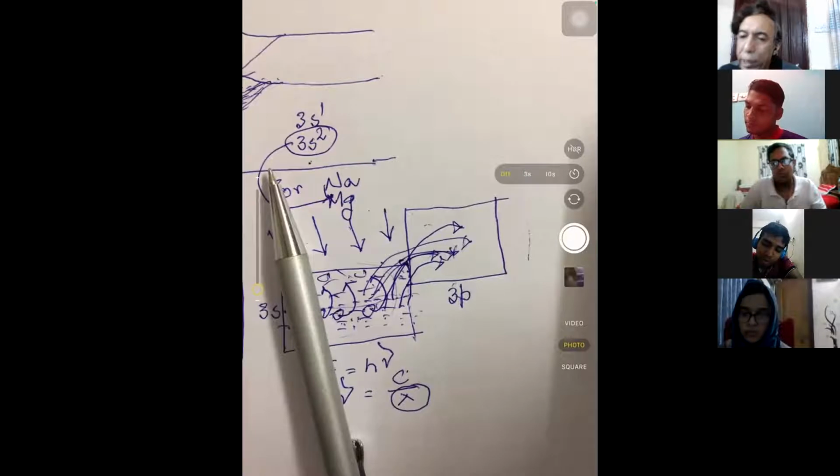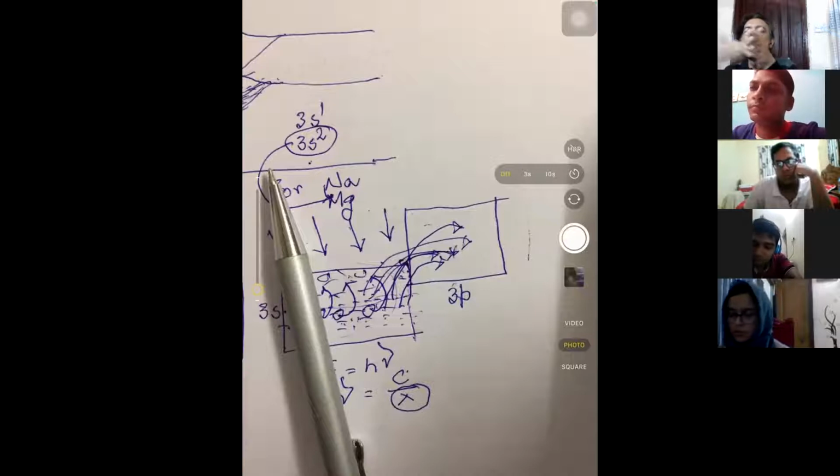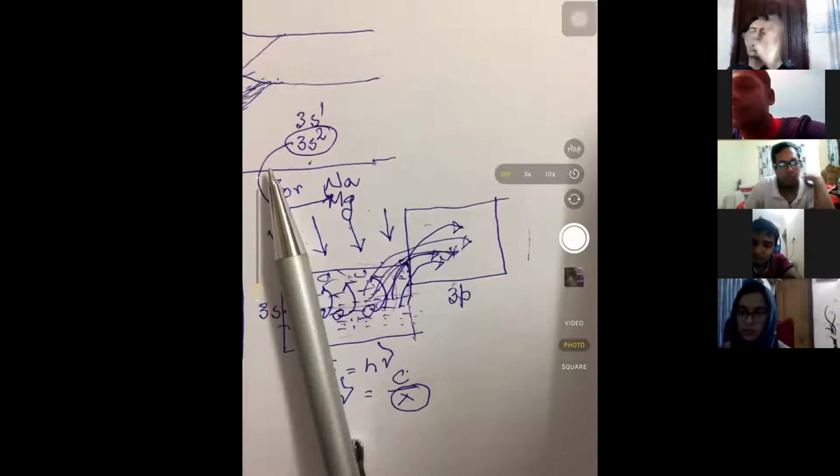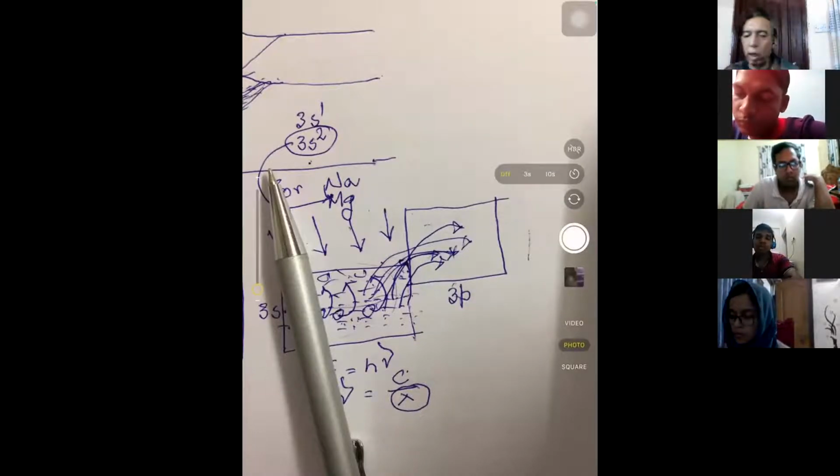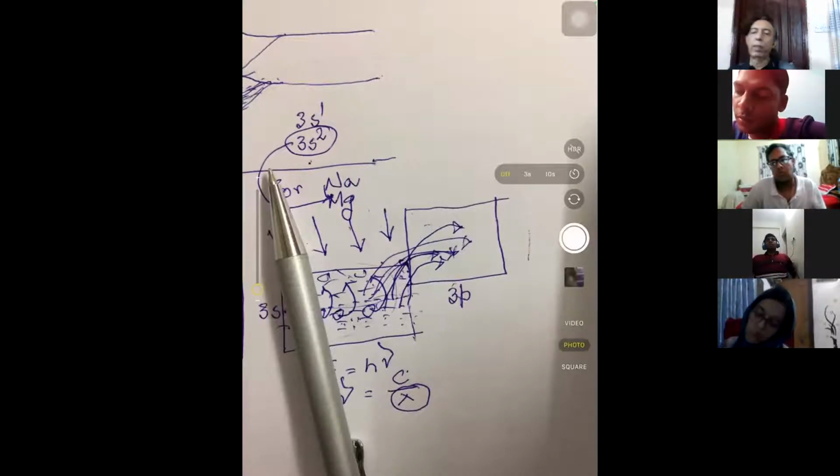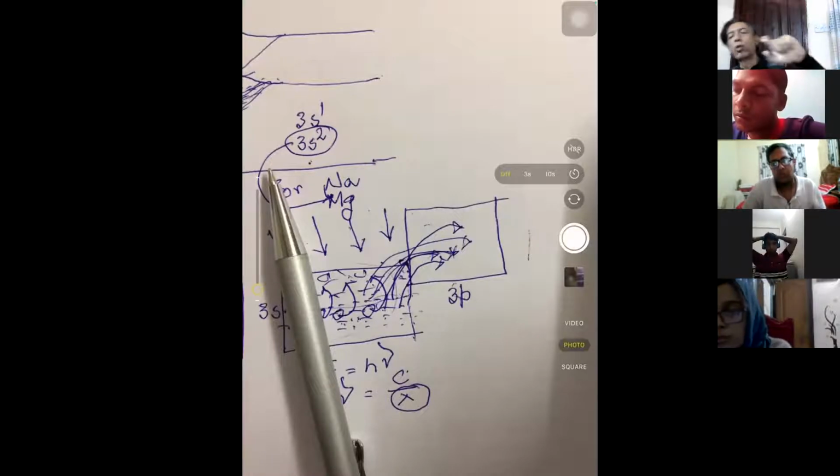What do you mean by opaque? Opaque means it absorbs all the light. No light can pass through the material. That is called opaque. Say, for example, your wall is opaque. That means no light can pass through your wall to the other side.